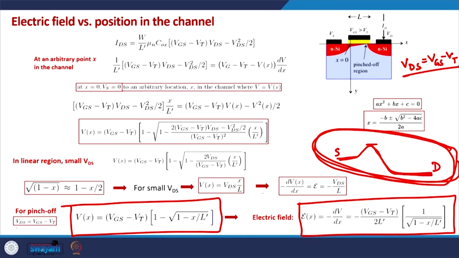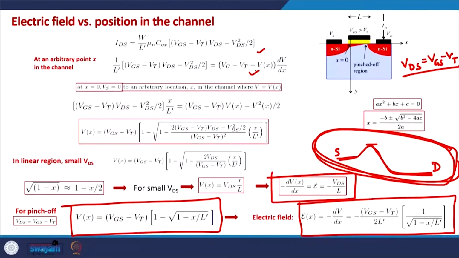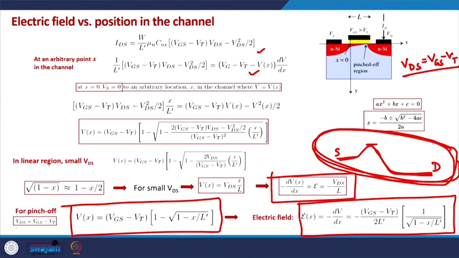So this essentially concludes our discussion of the electric field, and the takeaway here is that if we need to calculate the electric field in a device, we need to start with the basic equation of the currents. In the linear region the electric field is almost constant and voltage drops linearly, but in the saturation regime the voltage drop is non-linear and the electric field is also non-linear.